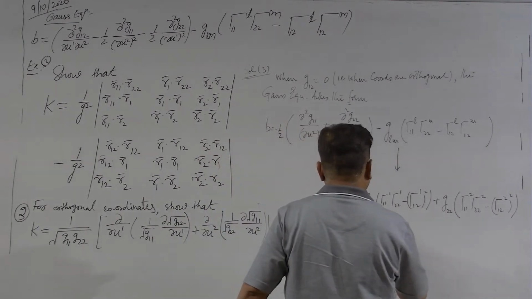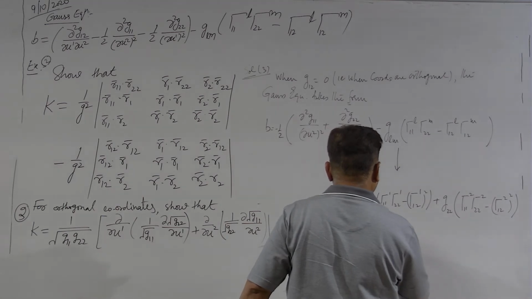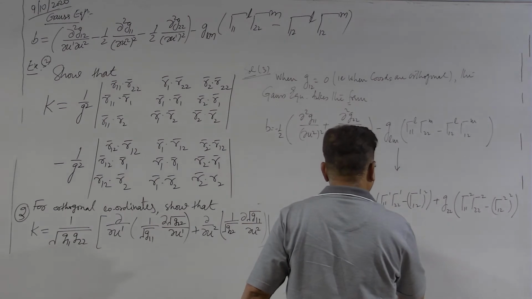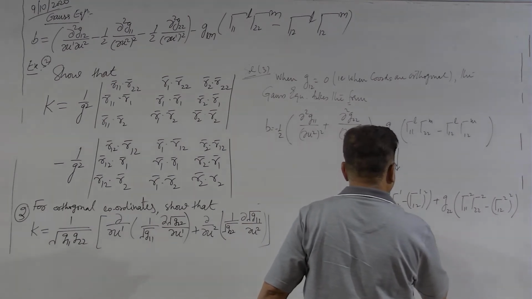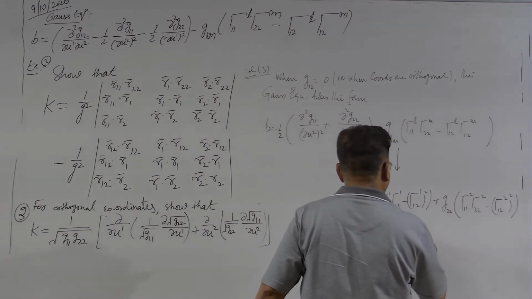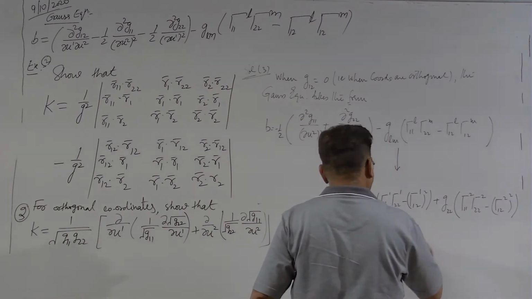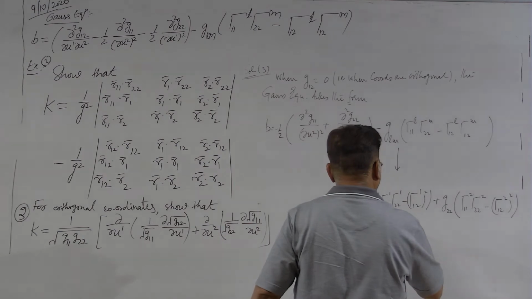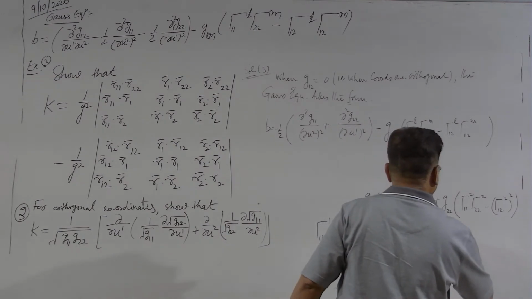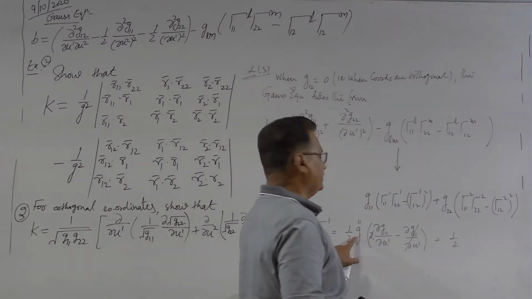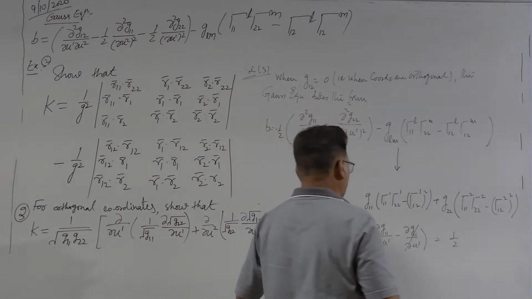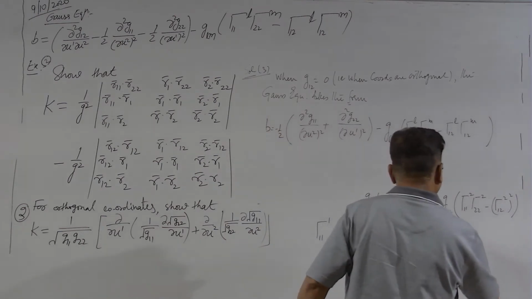So, del G_ik upon del U^j, means 1 1 upon del U^1, plus the same quantity, minus del G_ij, all of them are 1 upon del U^1. What you get is half, and G upper 1, as I have already told you, when G12 is 0 becomes simply 1 upon G11.